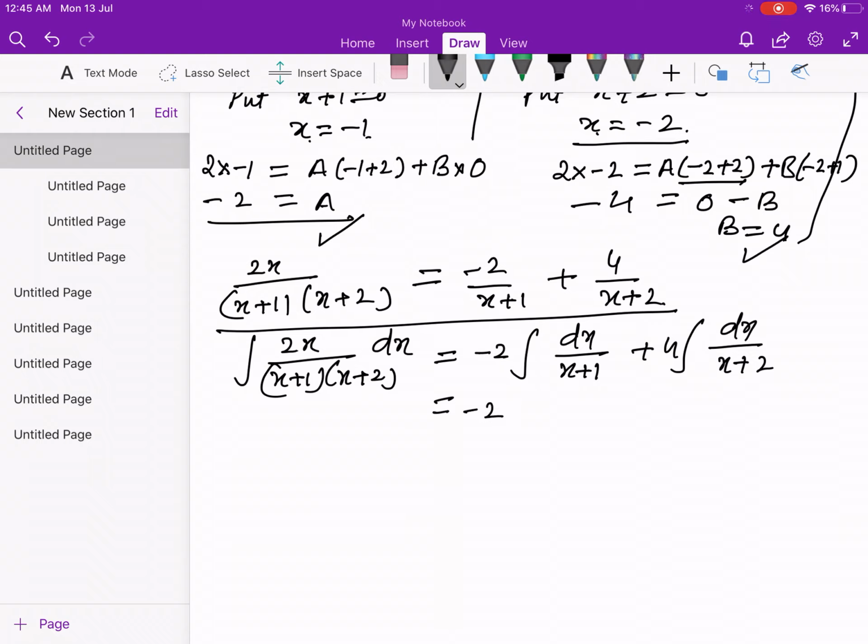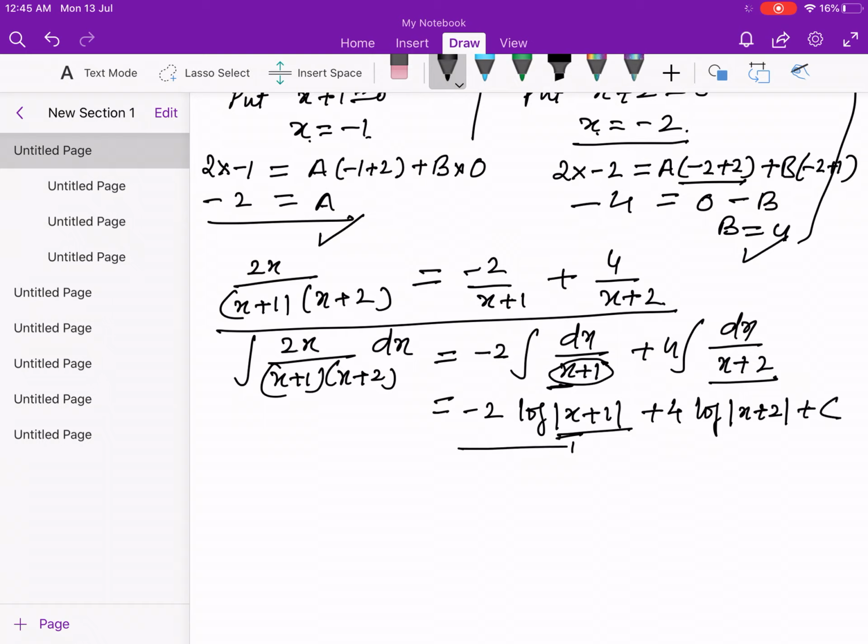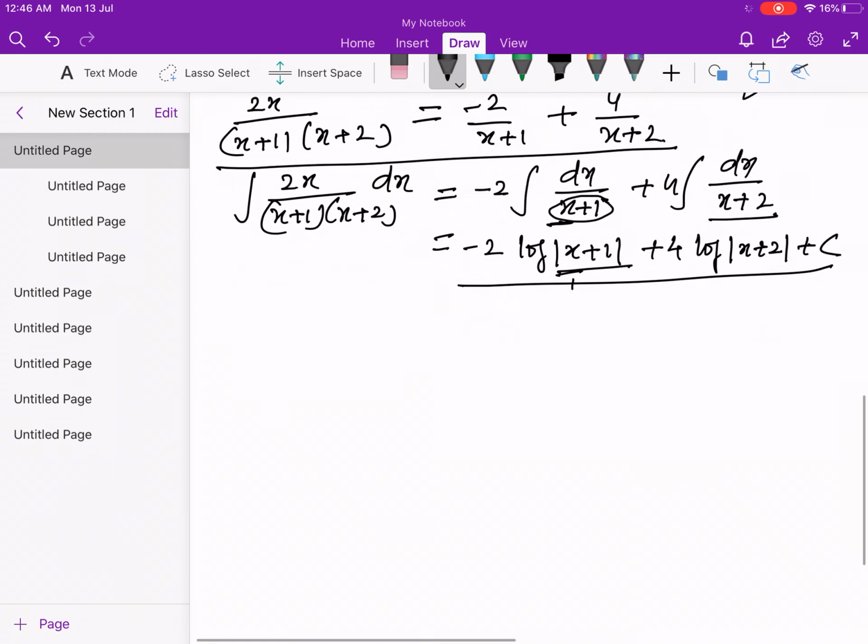Which form is it? 1 upon x, so it is log of (x plus 1), divided by the derivative of x plus 1, which is 1 here, plus 4, this is 1 upon x form, log of (x plus 2), plus c here. So this is how we did the integration of this.